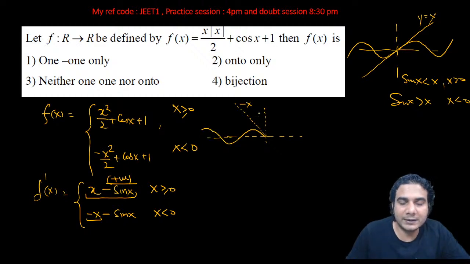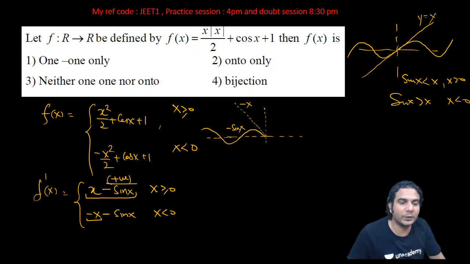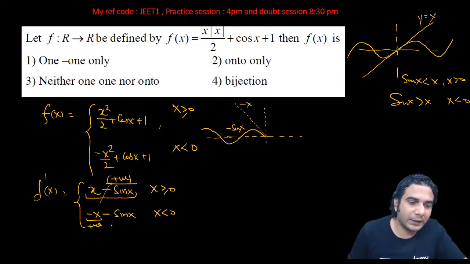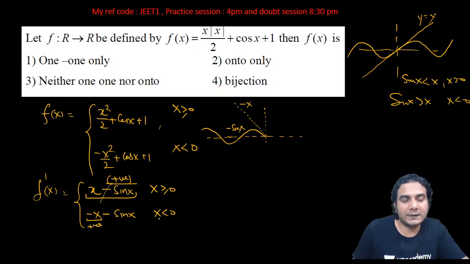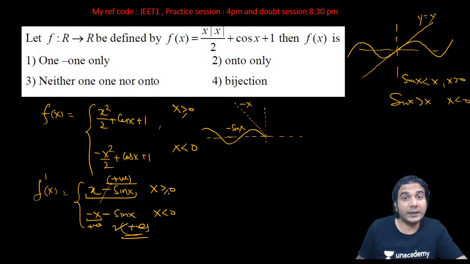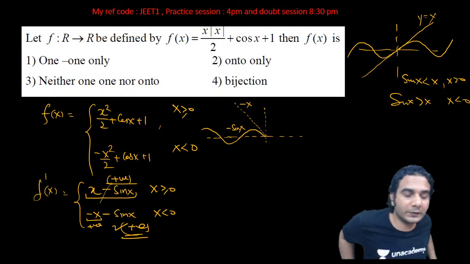So if you add minus x and minus sin x, it is going to be a positive quantity. Minus x is going to be a positive number, and it will be greater than sin x for all negative values of x. So this is again a positive quantity.